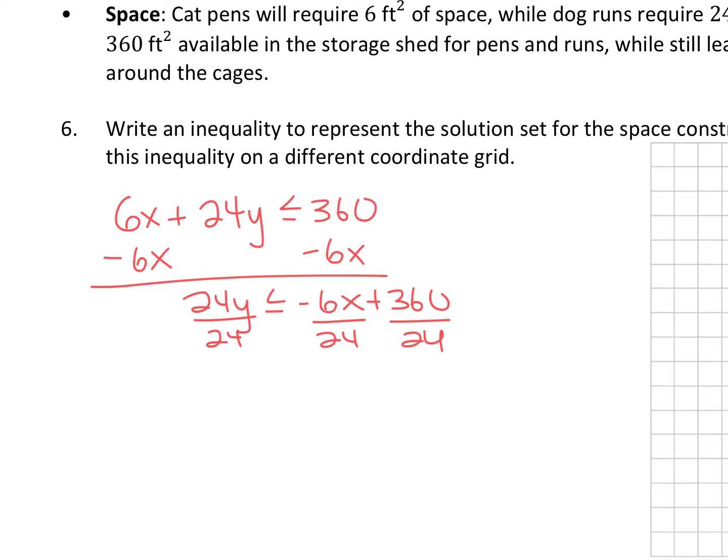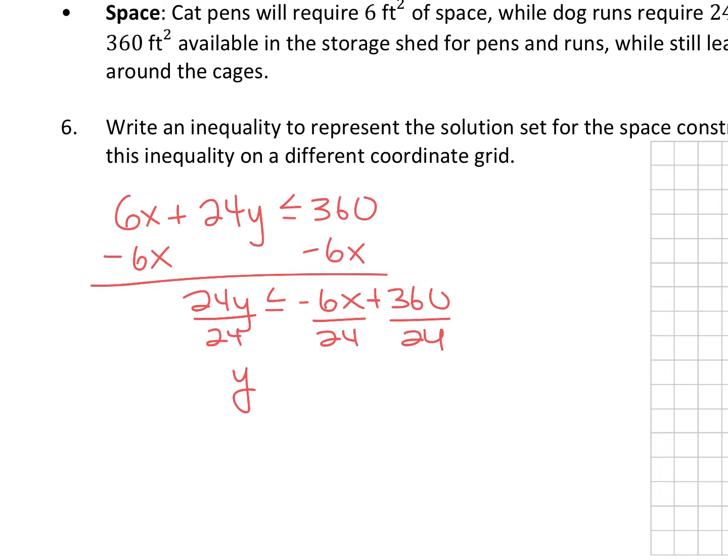And we'll have to do some simplifying here on the right. So y is less than or equal to negative 1/4 x plus 15. So this is one way to graph standard form. So up here, this is standard form, and we can switch it to slope-intercept form, and then it's a little easier to graph.